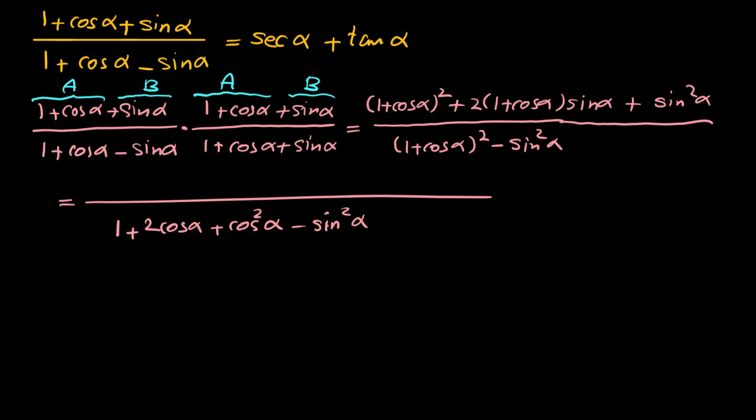In the numerator, if we open this, we have 1 to the 2, which is 1, plus 2 cosine alpha, plus cosine to the 2 alpha. And let's leave this in the factored form. I have a good reason for that.